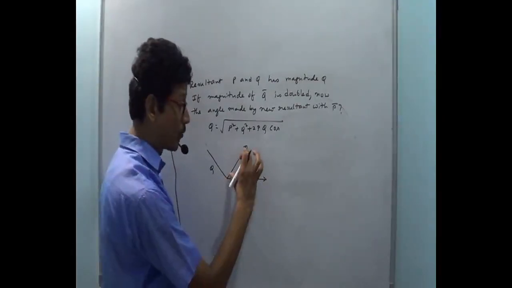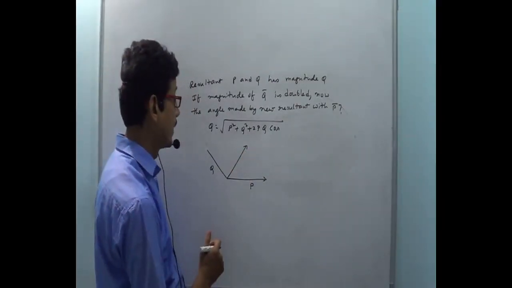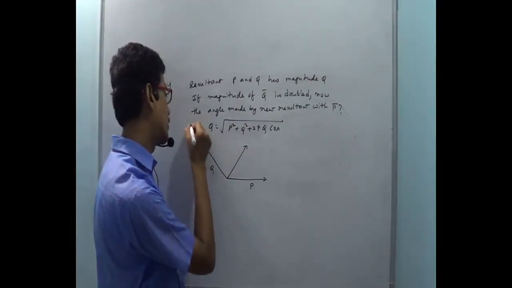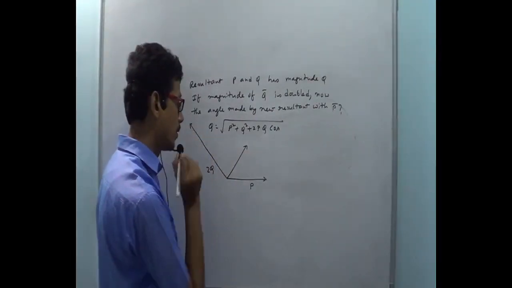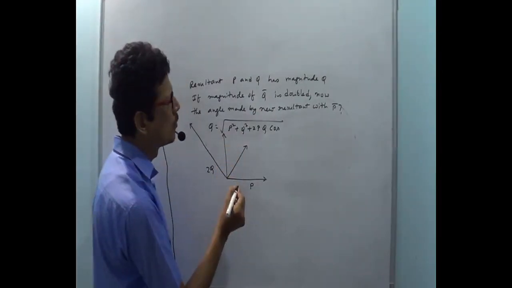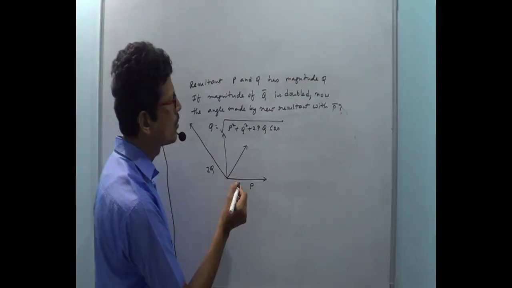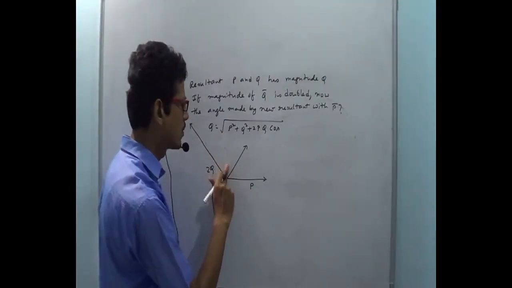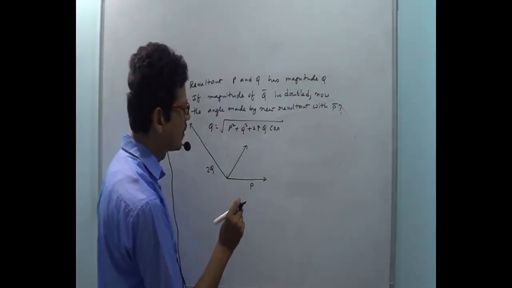Magnitude means length of this vector. And if q bar is doubled, that means now it is 2q. Now the new resultant is like this, perpendicular. Now he is asking what is the angle made by the new resultant with p bar. So we have to see what angle it is making.